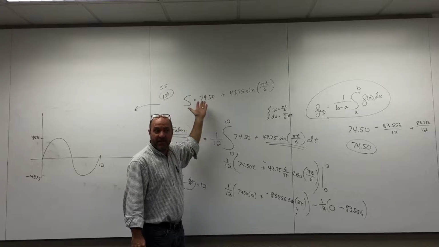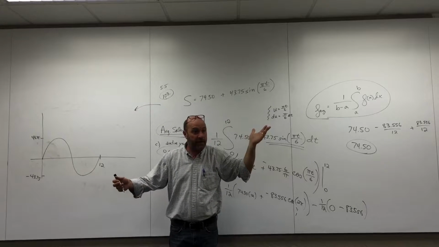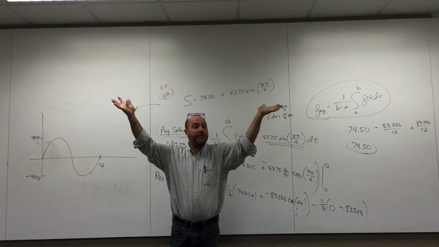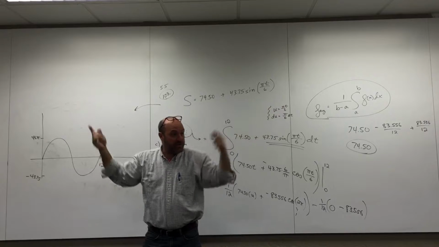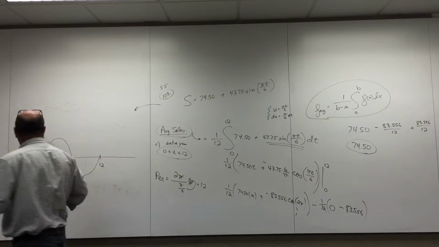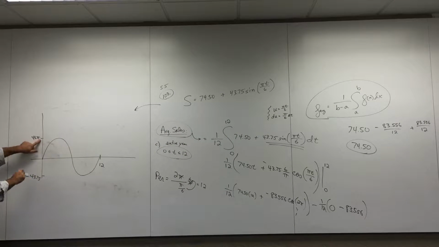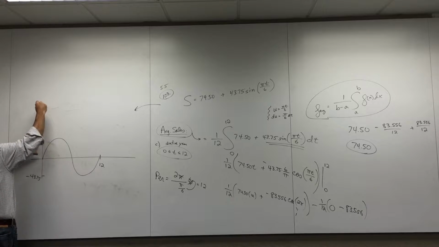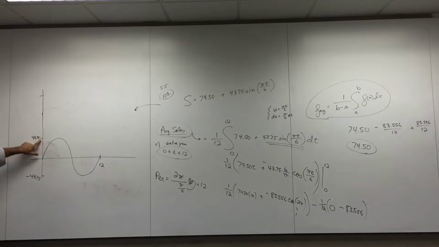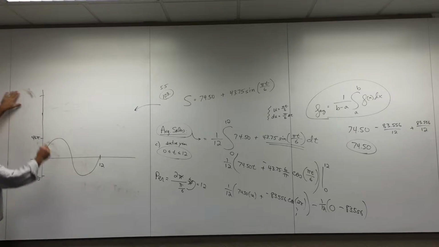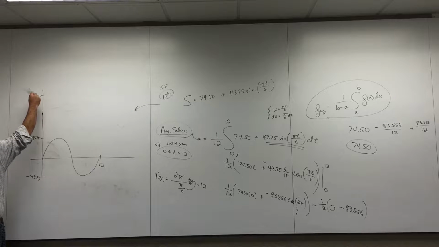If I add this 74.50, what's that going to do to it? Shift the whole thing up. So it's this picture shifted up. What will be its new high point? When you add 74.50 to it, its new high point will be 118.25.